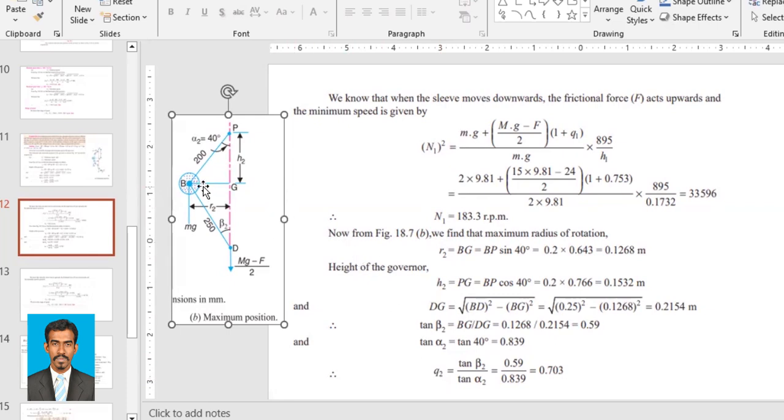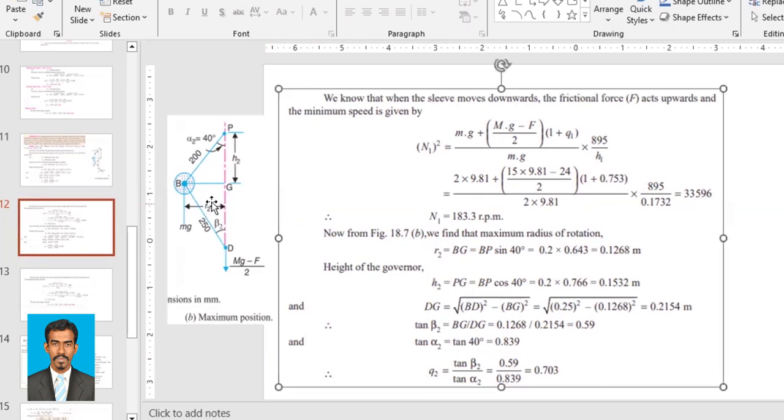First we will find R2. We know R2 is BG, that is BP sine alpha 2, which means BP into sine 40. Why? Because in the maximum condition, it is 40 degree.